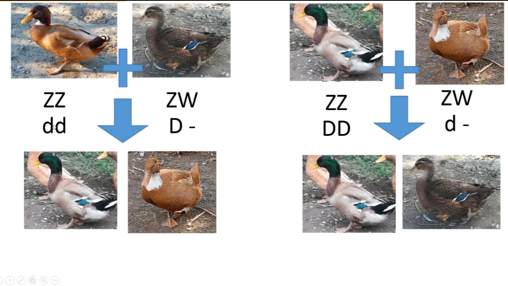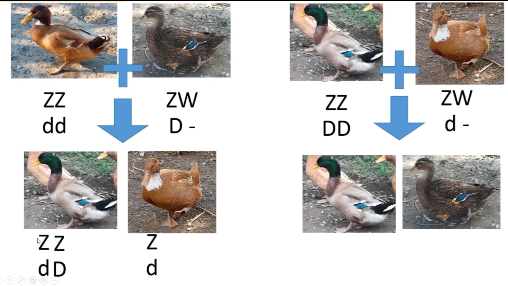So the d, as a recessive brown mutation, is only on the chromosome Z. So if we split the chromosomes, he will give the Z with the brown color to his sons and to his daughter as well, and the female gives the chromosome Z with the original non-brown to her sons.